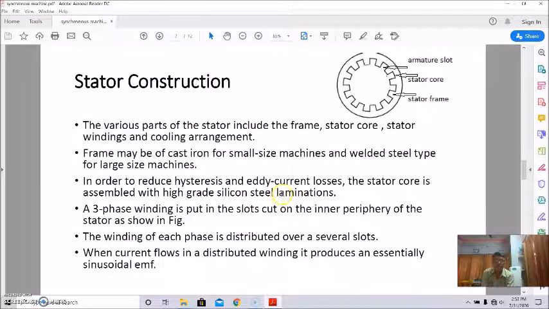So silicon steel is for reducing hysteresis loss, and the laminations for eddy current losses. And these three-phase windings, as I told you, are put in the slots cut on the inner periphery of the stator, and the winding of each phase is distributed over several slots. When current flows in the distributed windings, it produces an essentially sinusoidal EMF.